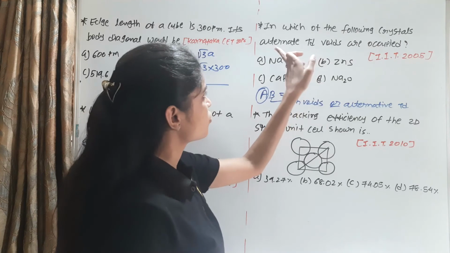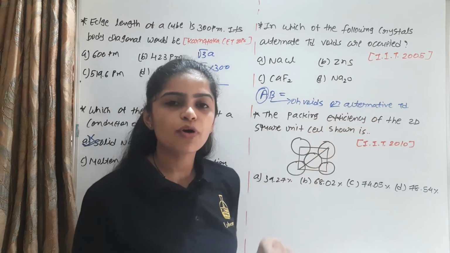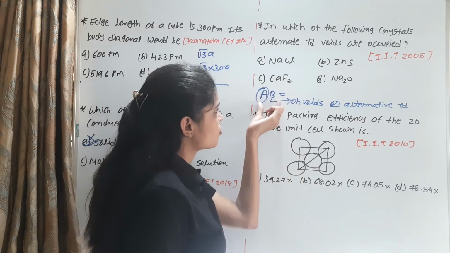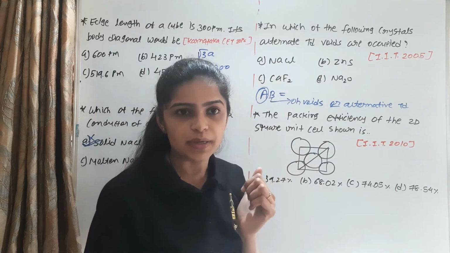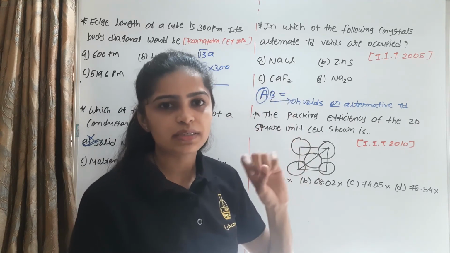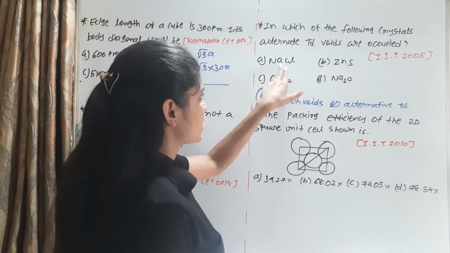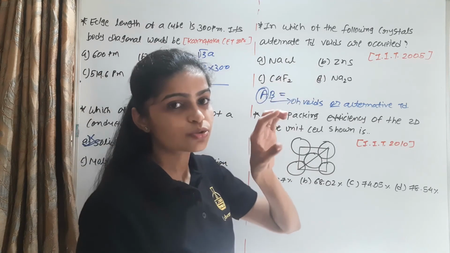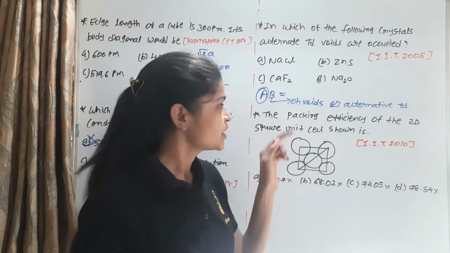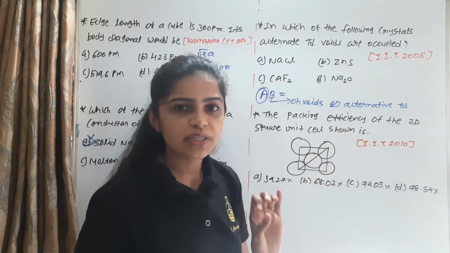Next, in which of the following crystals are alternate tetrahedral voids occupied? We know the formula of the compound is AB, so the same number of A and B atoms are present. A always adopts a close packing structure. For example, consider NaCl: Cl is larger, so Cl adopts A, the CCP structure, and B occupies octahedral voids or alternate tetrahedral voids.